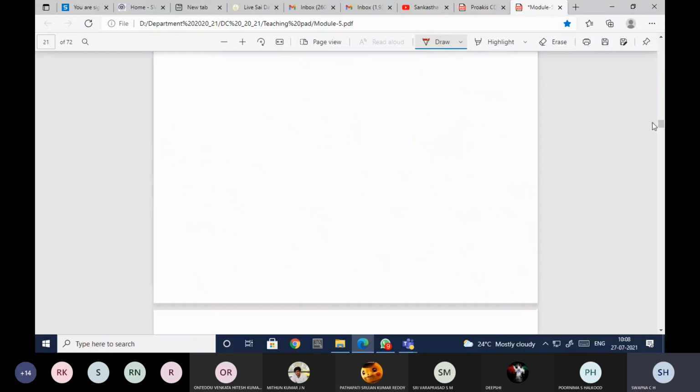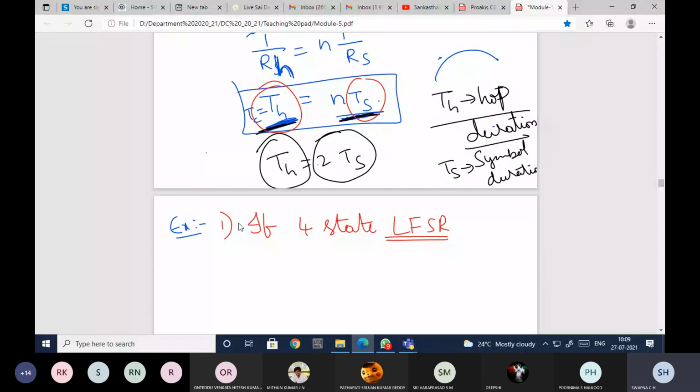Let me just go back to the problem. If 4-state LFSR with initial state, as I've already mentioned, if you just recall, except 0, 0, 0, 0, since it is 4 states, I have taken 4 outputs here.